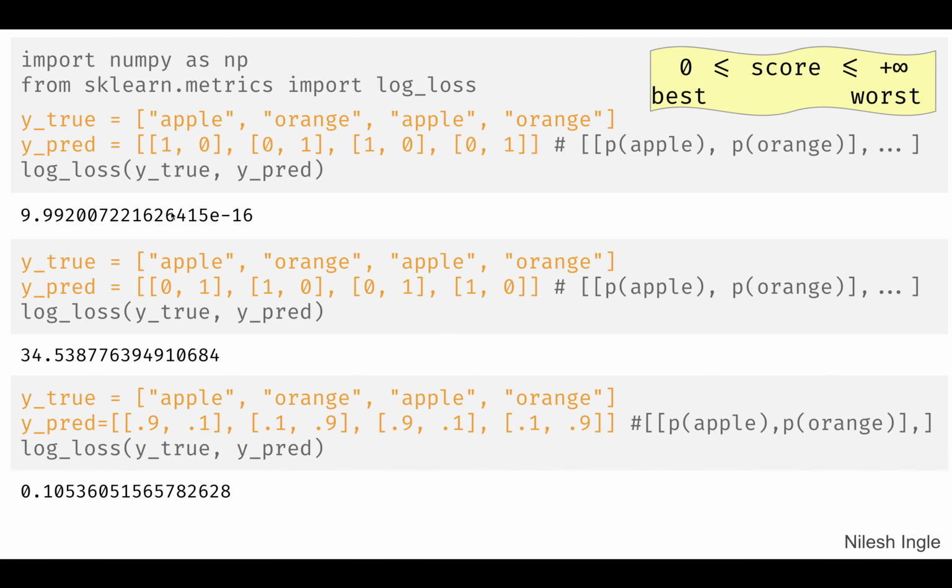So here we have a value of 0, and here we have a value of 34, and here we have a value of 0.1. So the value here is 34, and as you can see, the higher the value, the worse it is.